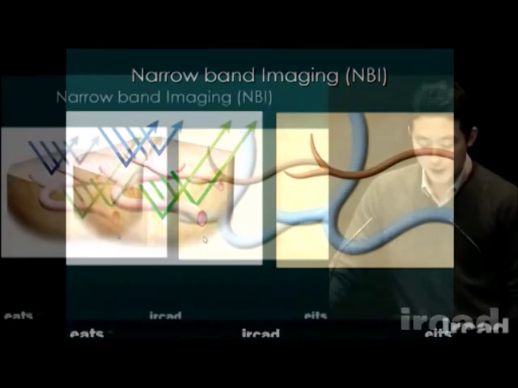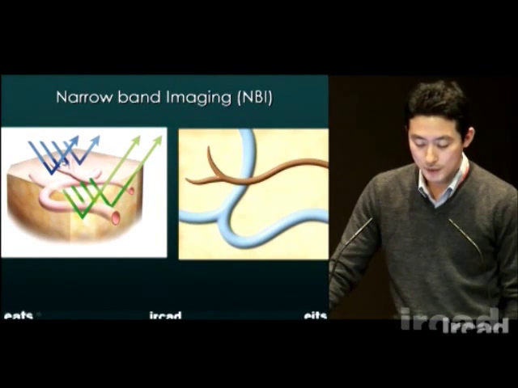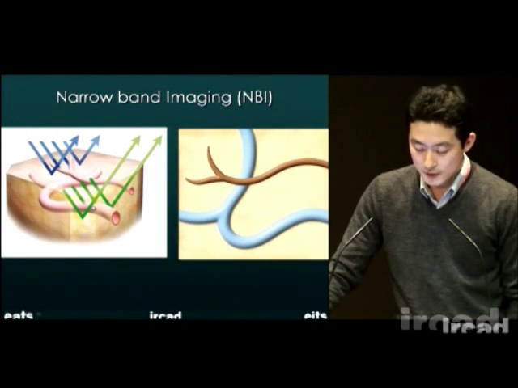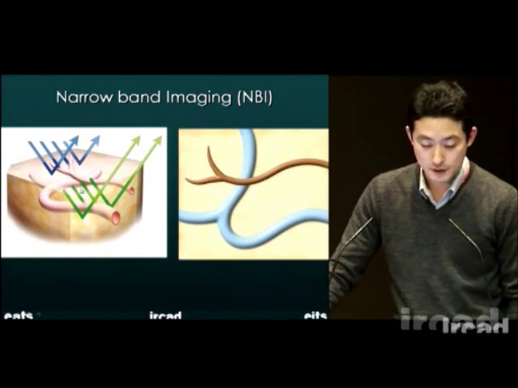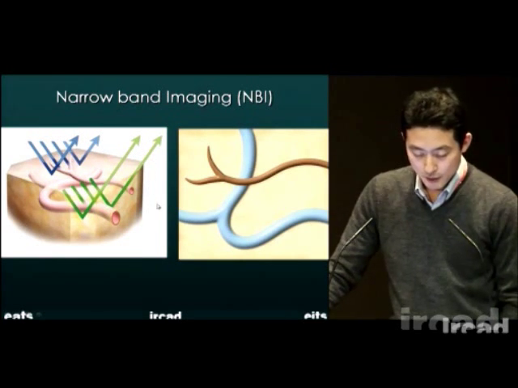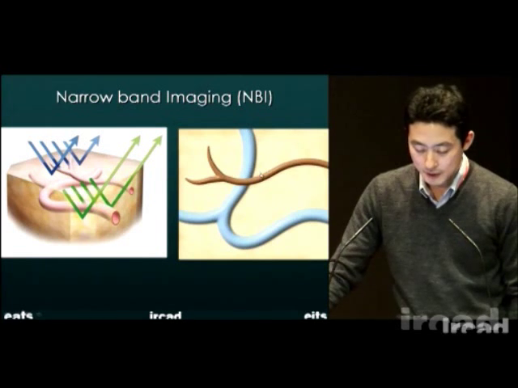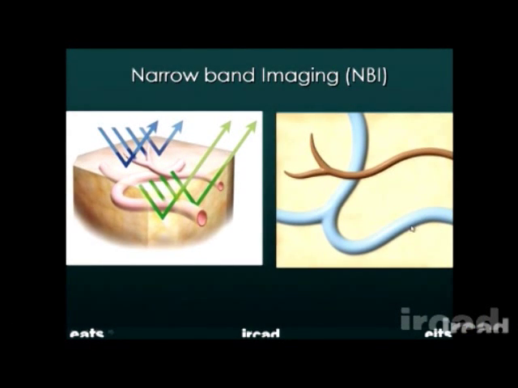The narrowband blue light displays the superficial capillary network, while green light displays subepithelial vessels, and when combined, they offer an extremely high contrast image of the tissue surface. The capillaries on the surface are displayed in brown, and the veins in subepithelial areas are displayed in blue.